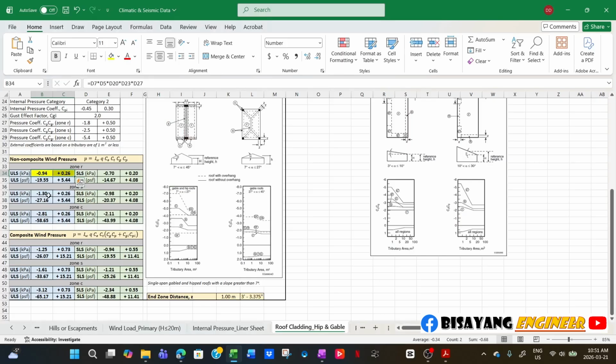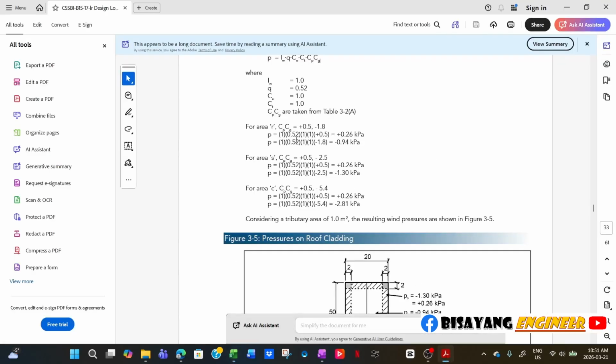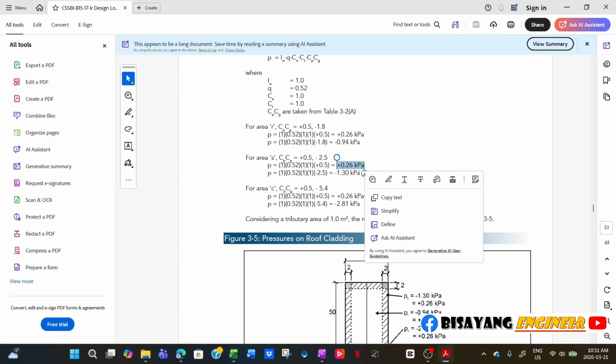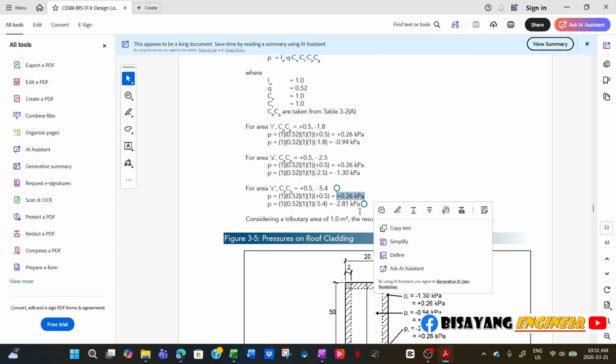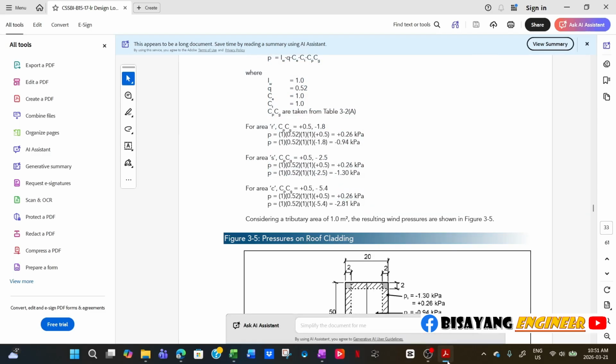And then for zone S is 1.3 and 0.26, 1.3 and 0.26, this one, right? And then for zone C, 0.26 and 2.81. Imagine the difference. This one is 1.3 and then this one is 2.81, more than double.